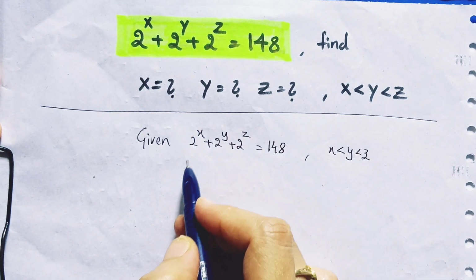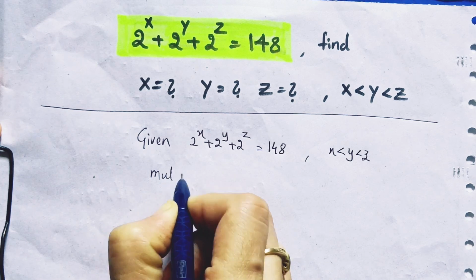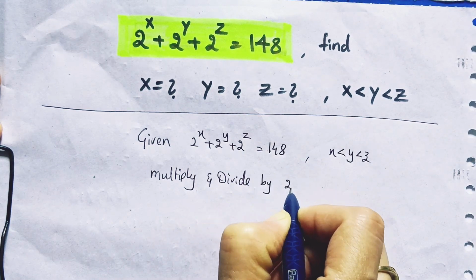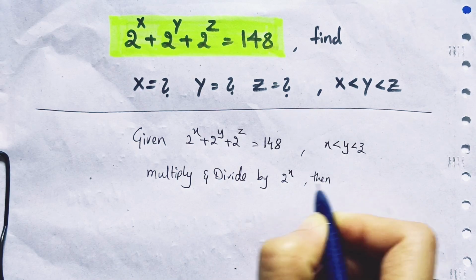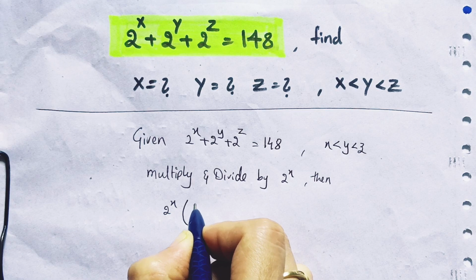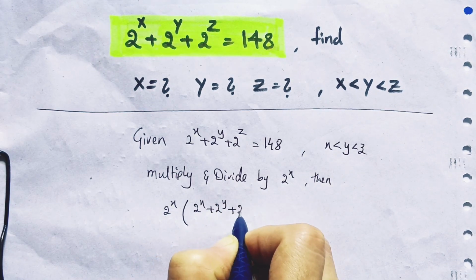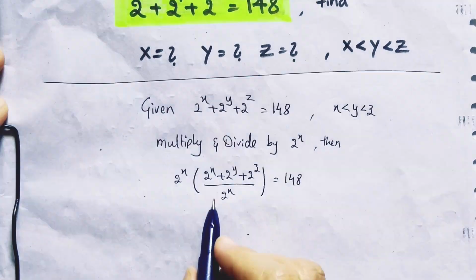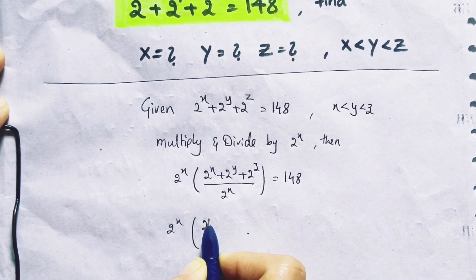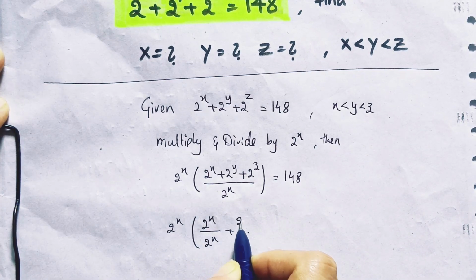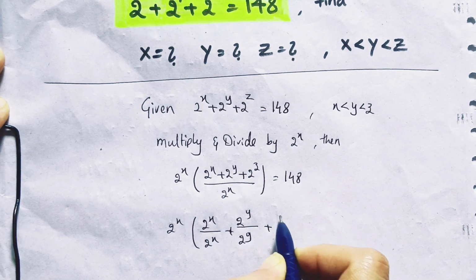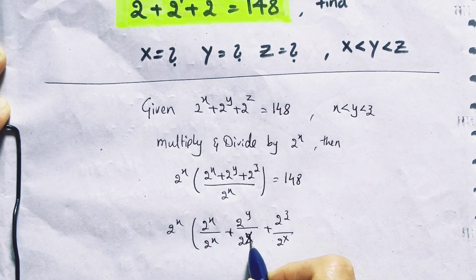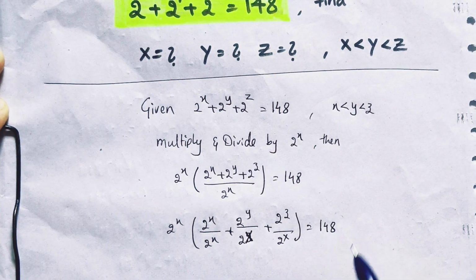Here I would like to multiply as well as divide by 2^x. So 2^x(2^x + 2^y + 2^z) divided by 2^x equals 148. Then 2^x(2^x/2^x + 2^y/2^x + 2^z/2^x) equals 148.